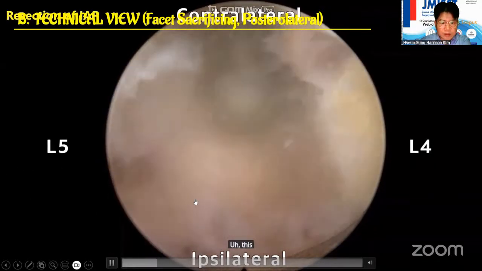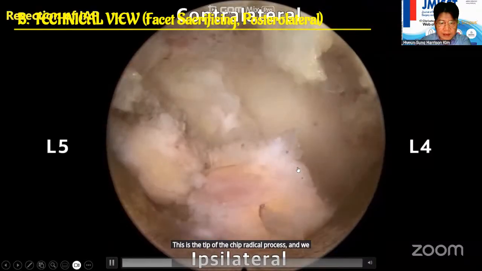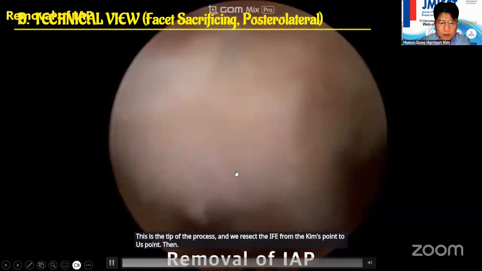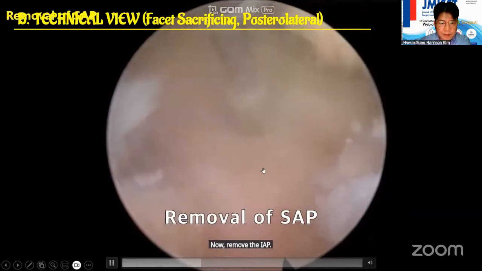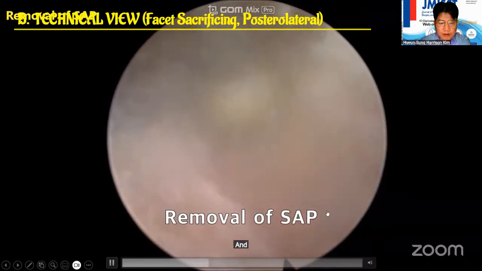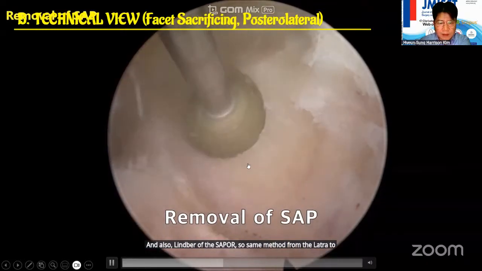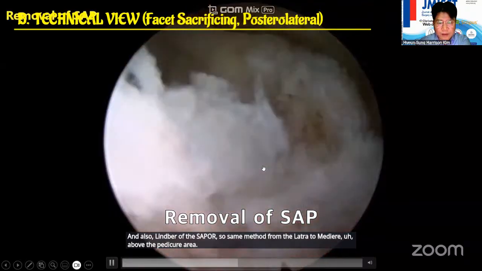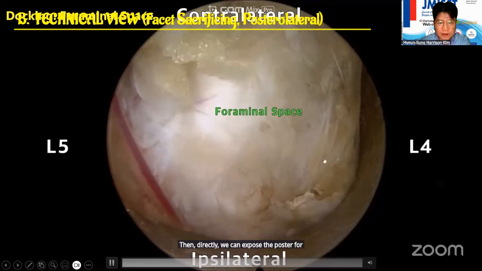This is the tip of the superior process, and we resect from Kim's point to Wu's point. Then remove the IAP in one block. The SAP is resected by the same method, from lateral to medial above the pedicle area. Then we can directly expose the posterior foraminal space.